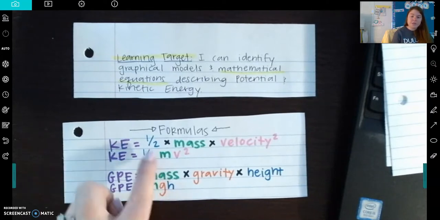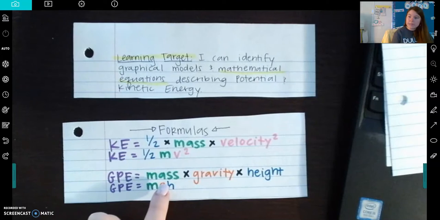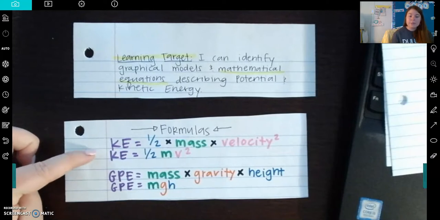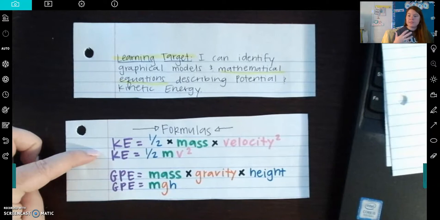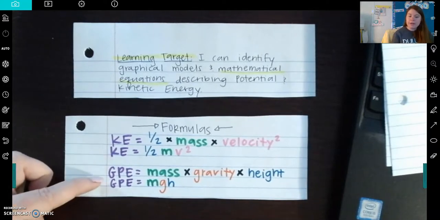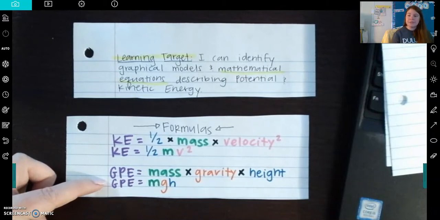The reason that these formulas are not the same is because what impacts that type of energy is different. We know that kinetic energy is representative of motion, things that are moving or things that are using energy in a motion-like state. We know that gravitational potential energy has to do with position or stored energy.